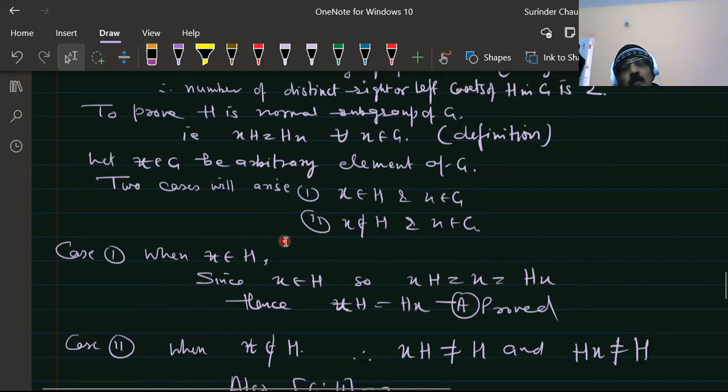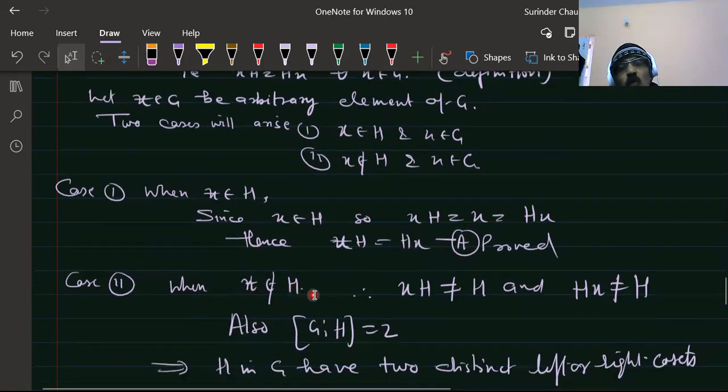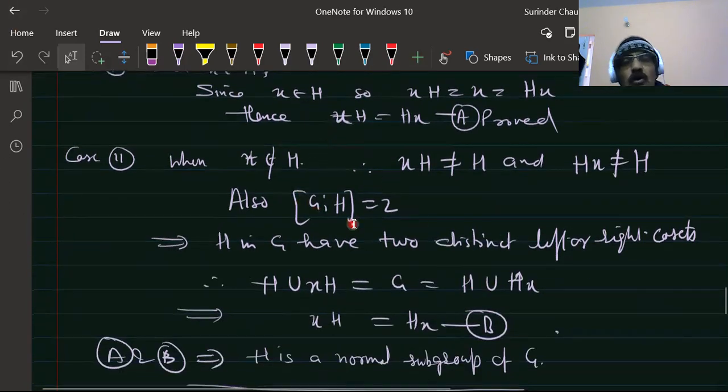True for x in H. But if x does not belong to H, then xH is not equal to H, and Hx is not equal to H. The left coset of H is not equal to H, the subgroup itself, and the right coset is not equal to H. Also the index of H in G is 2.